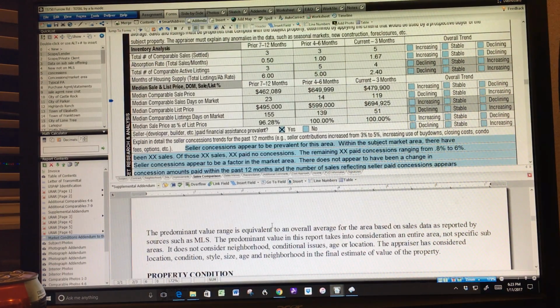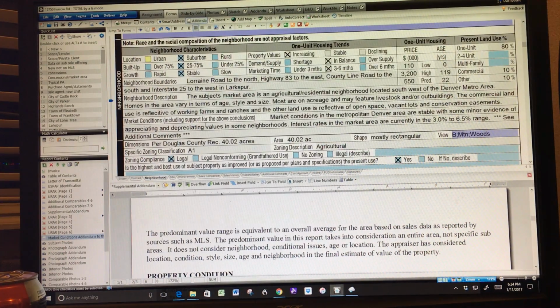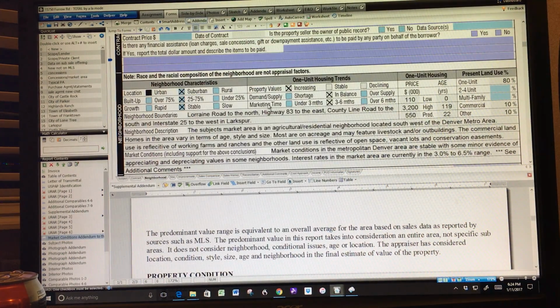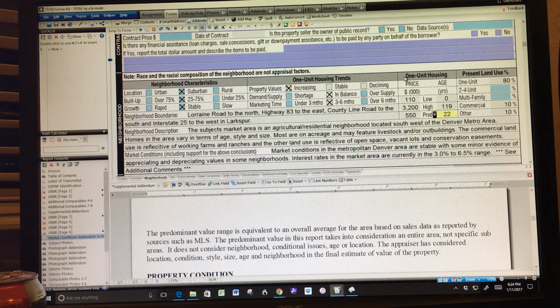This fourth and last paragraph within the market conditions section talks about the predominant value, and what that's referring to is back in the neighborhood section of the form, one of the first areas that we looked at. In this neighborhood form, we're talking about this area right here, where we talk about 1 unit housing. The low price is 110, the high price is $3,200,000.